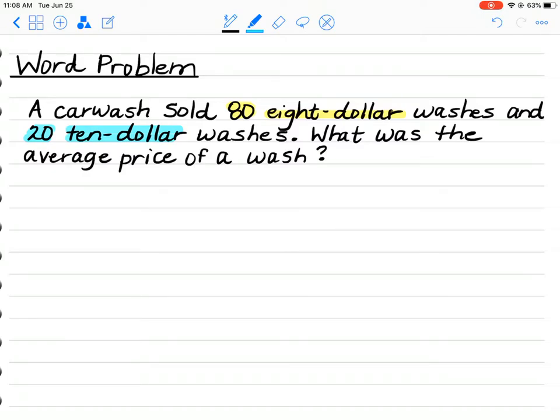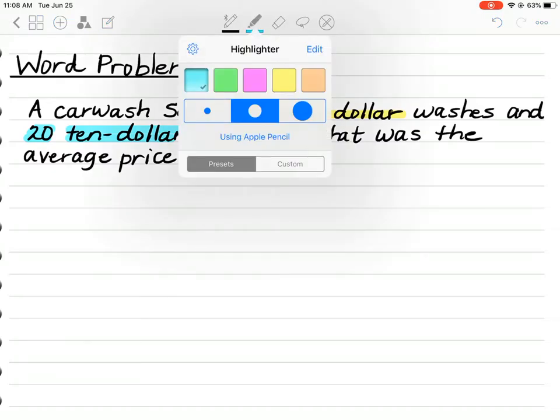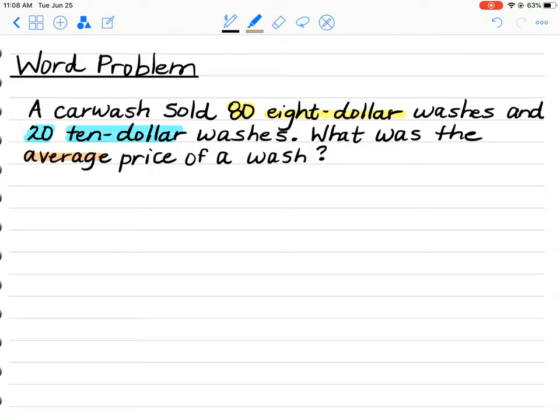What was the average price of a wash? Well, we know that average is mean. In this case, the weighting is different because the washes are different. They're weighted this time by price, and some cost more than others.